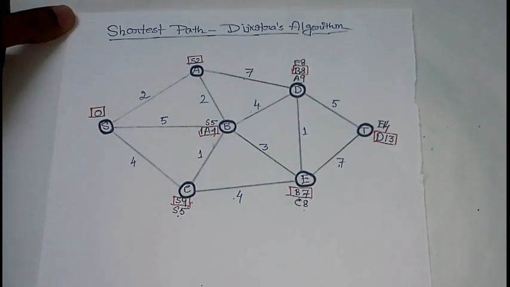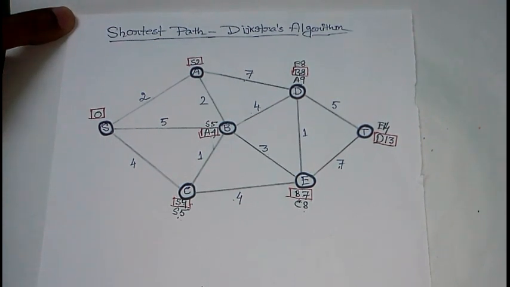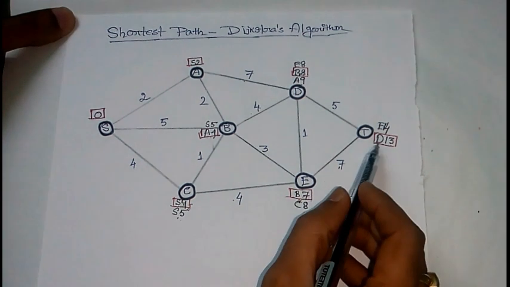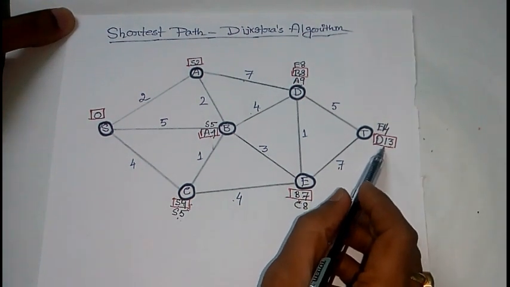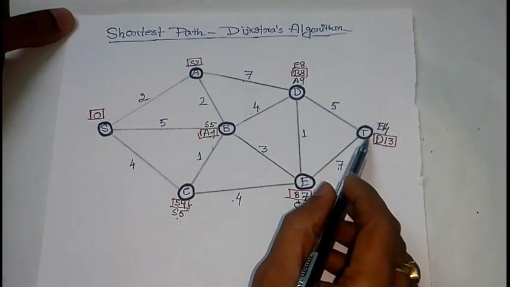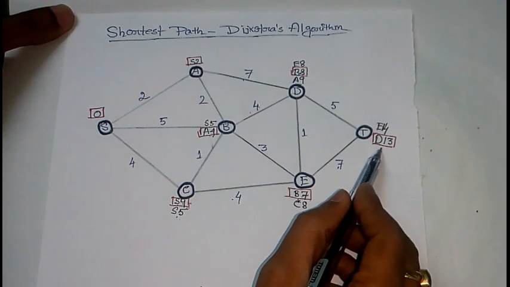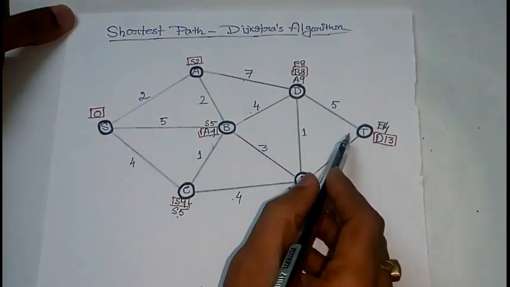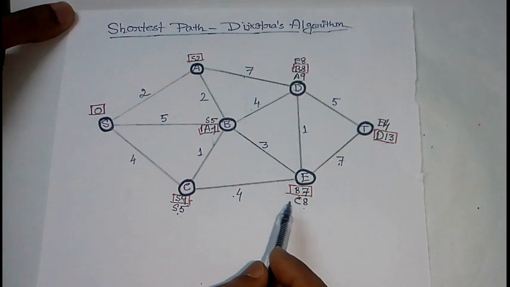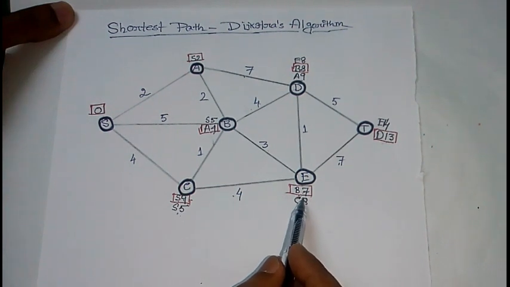Now if you ask me what is the meaning of this permanent level of a vertex, the answer is, if we consider this permanent level D13 of T, that means this is the shortest distance of a path from S to T. And what is the permanent level of E? That is 7.